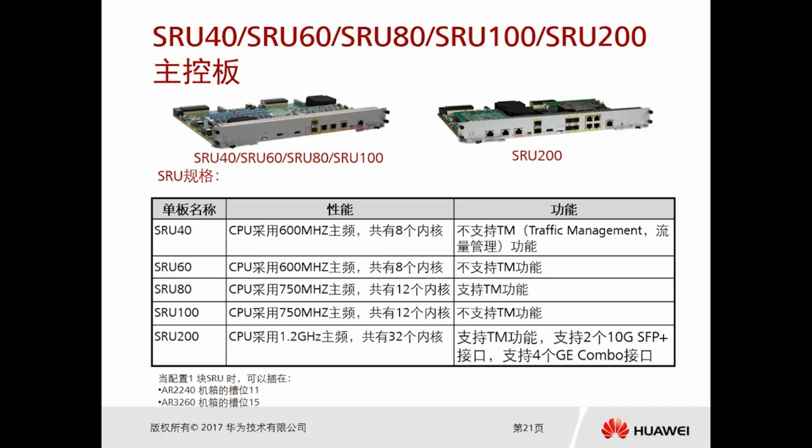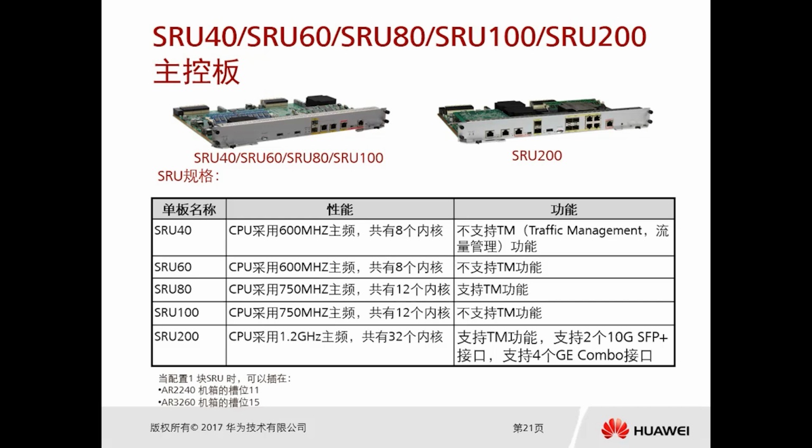However, if we talk about reserved upgrade configurations, they need dual main control capability. So the AR2240 and AR3260 can choose from three types of main control boards: SRU40, 60, or 80, either one. These three types of main control boards also support hot-swappable maintenance.